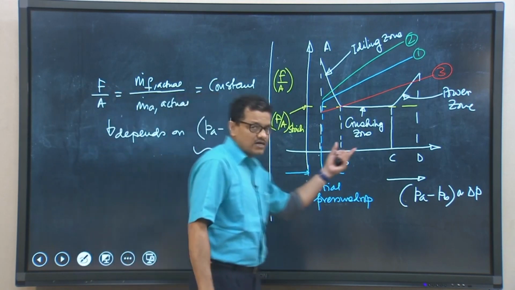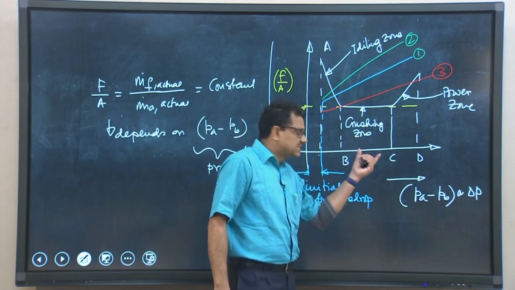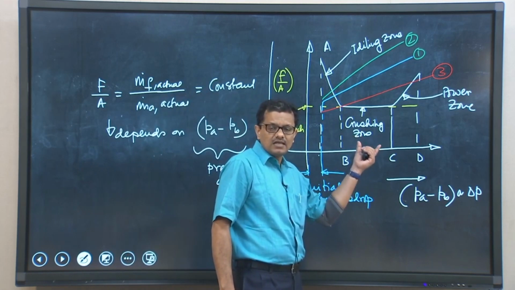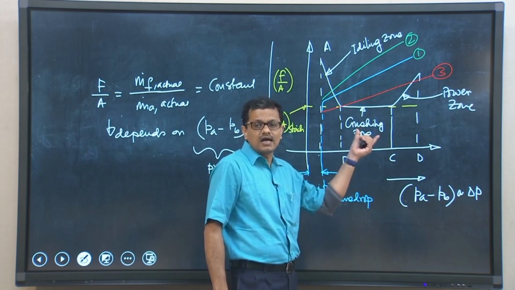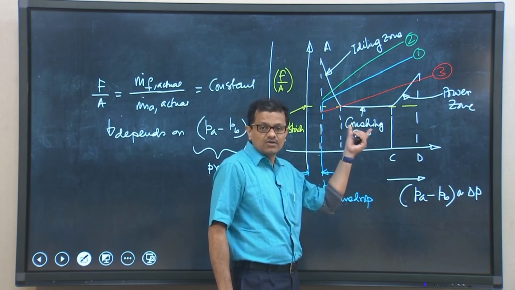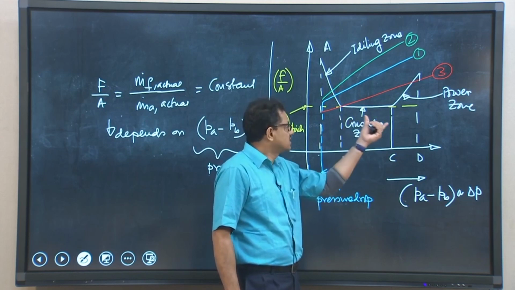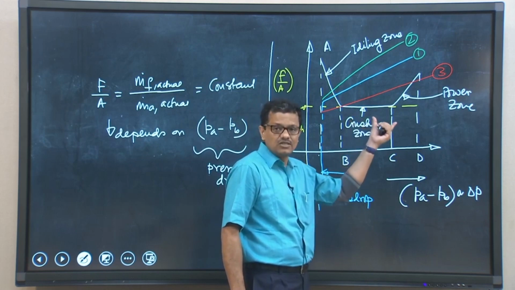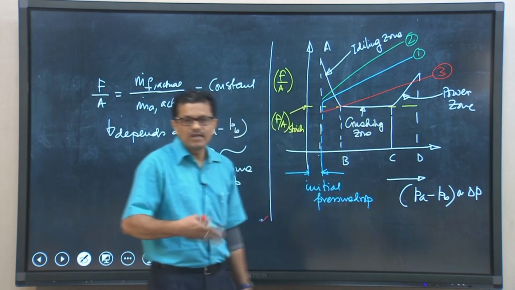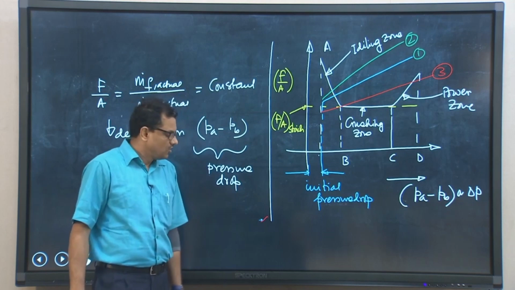So, that is what we have understood. Now, since the simple float type carburetor is unable to supply required fuel air ratio during the operation of the engine in 3 distinct zones, we need to modify the carburetor design.